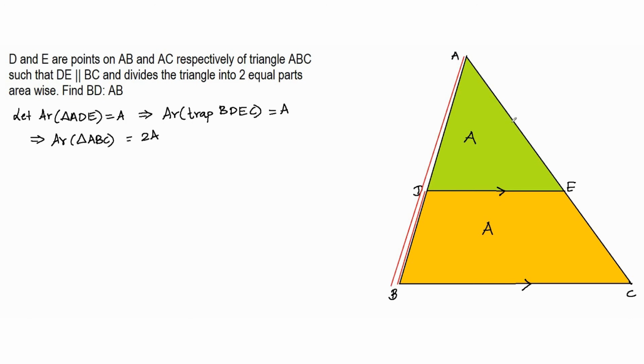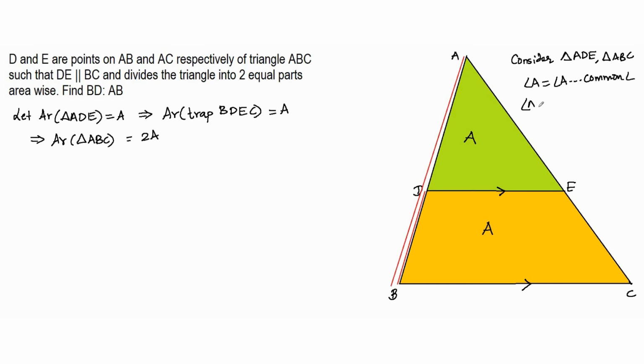Now I can prove triangle ADE is similar to triangle ABC. So consider triangle ADE and triangle ABC. I can say that angle A is equal to angle A because it is the common angle.